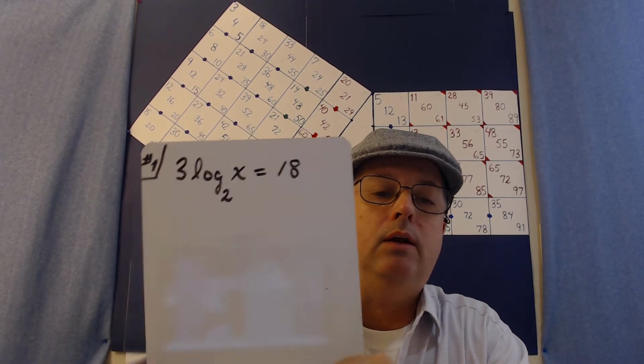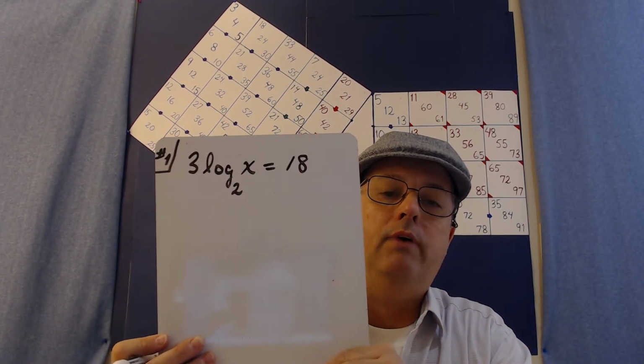Here we have 3 log base 2 of x equals 18. Okay, so example number 1, 3 log base 2 of x equals 18.